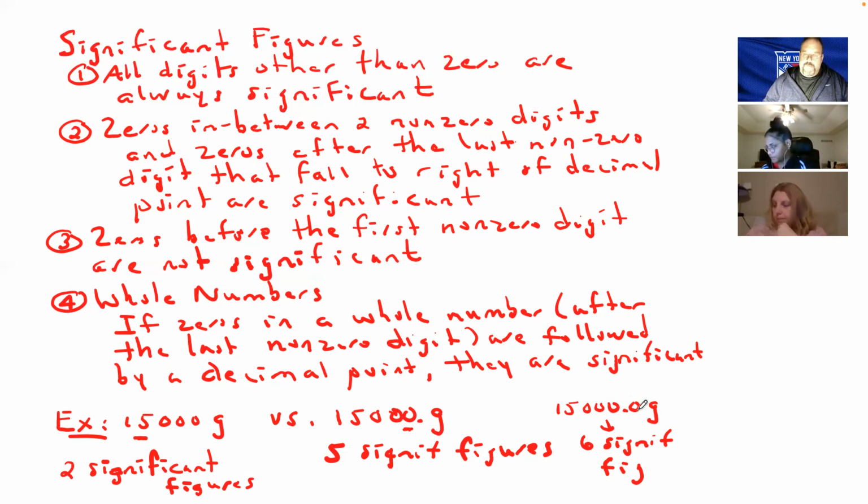So that 0 would be significant as well. The decimal point there would make all the zeros to the left of the decimal point after the 5 significant, sort of like the whole number idea. But then the 0 after the decimal point would be significant because it's after the last non-zero digit and to the right of the decimal point.